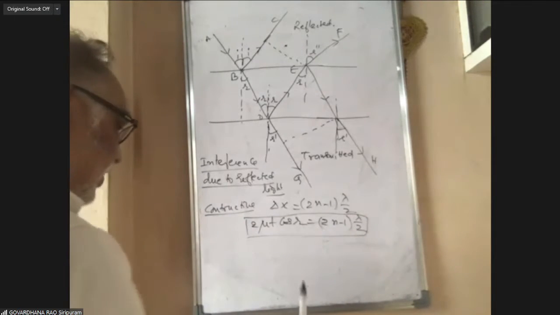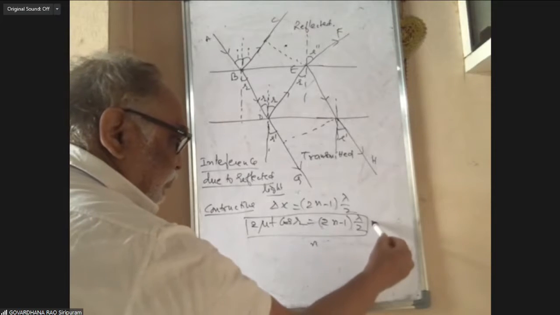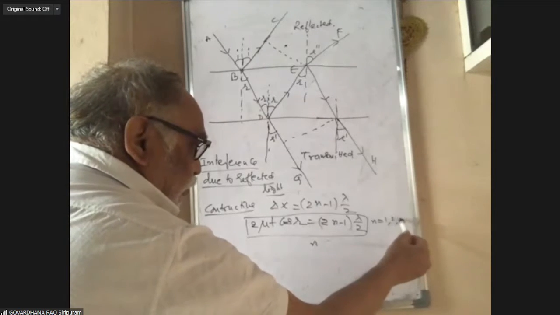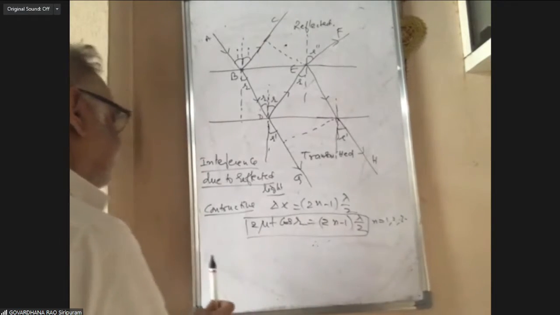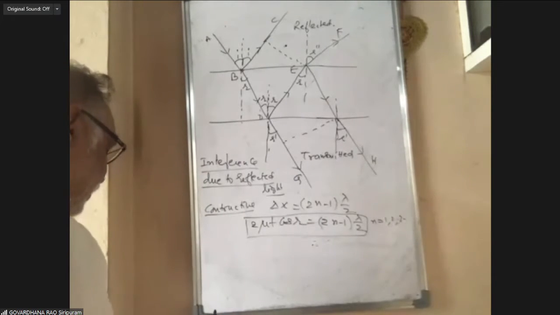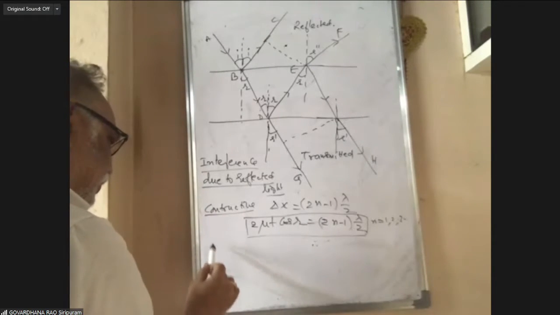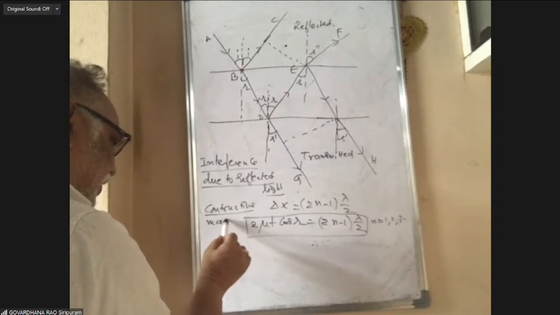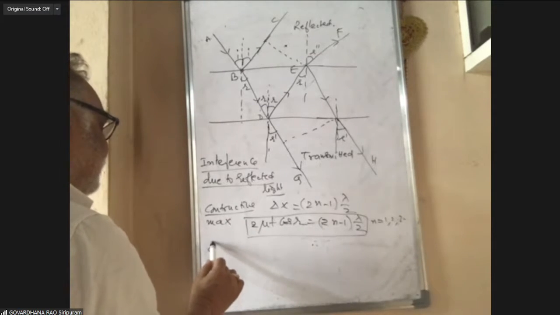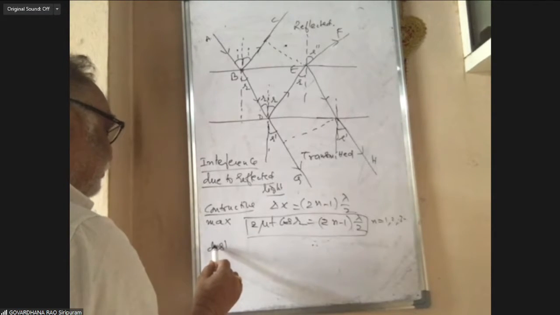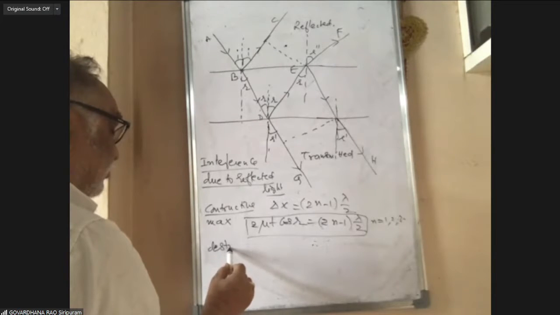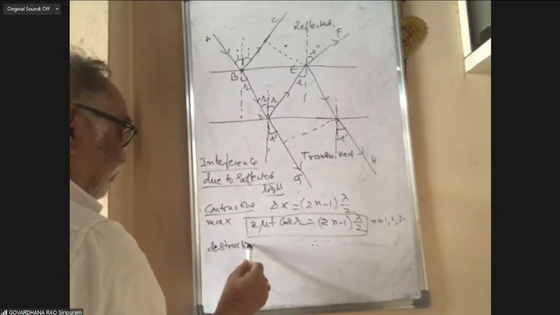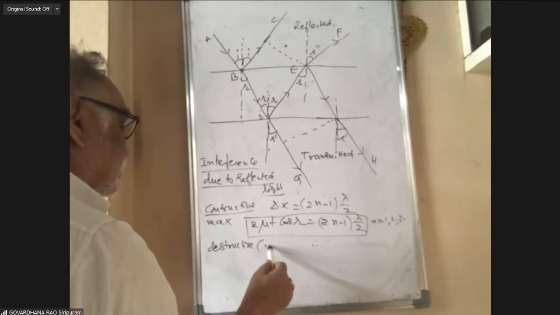Condition for bright, constructive, where n equals 1, 2, 3 and so on. Next, destructive. This is constructive and maxima. Next, destructive. This is what?